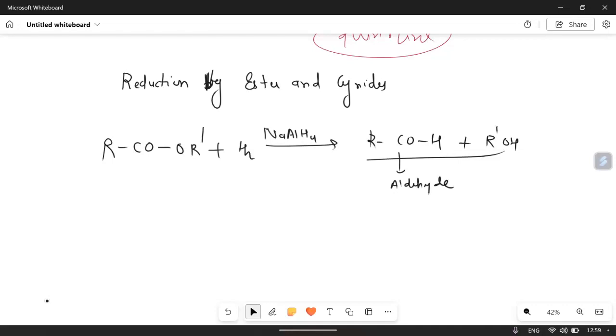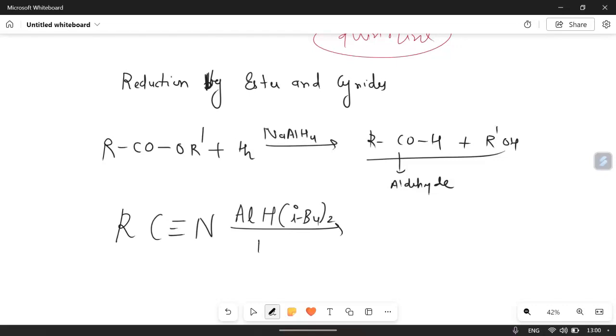So this is the ester we have used. You can also use some cyanide in the presence of Al(isobutyl)2H.